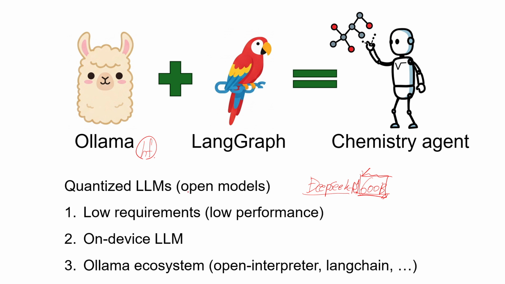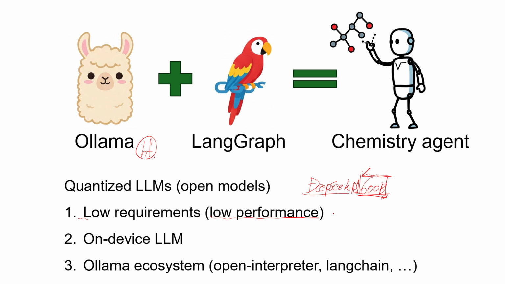So even though models with smaller parameters show low performance, they still have the advantage that they have low requirements, and so we can run the model on a machine like a laptop without GPU, or your desktop also.